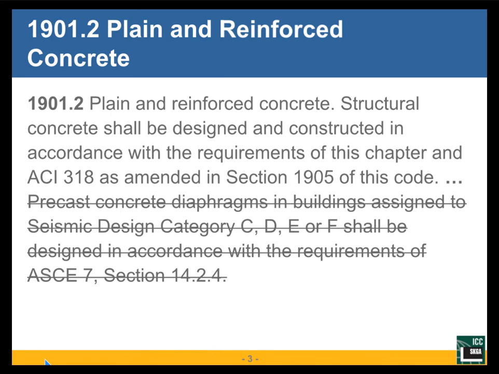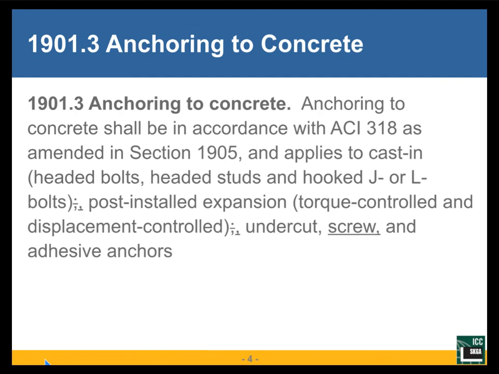Since then, the material in section 14.2.4 has been placed in two ACI 550 standards. Those have been adopted by ACI 318.19, so we do not have any need for this modification in 2021 IBC. This is why it has come off. For precast diaphragms, this is kind of important.